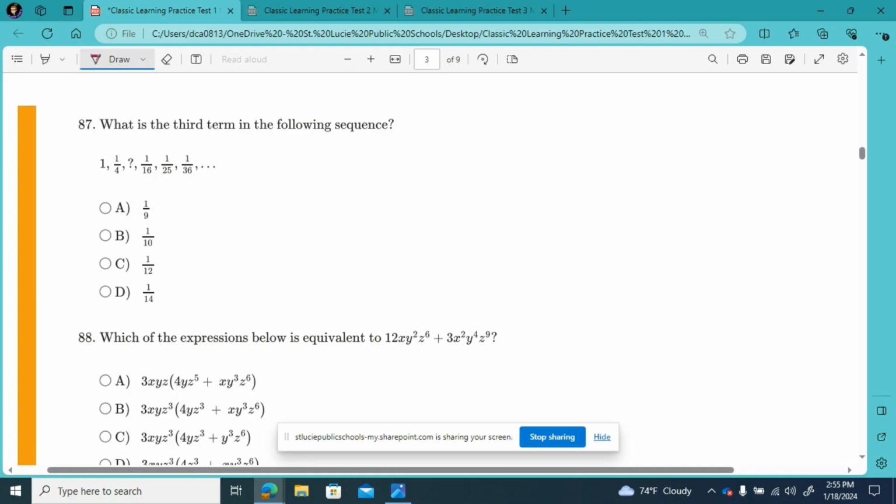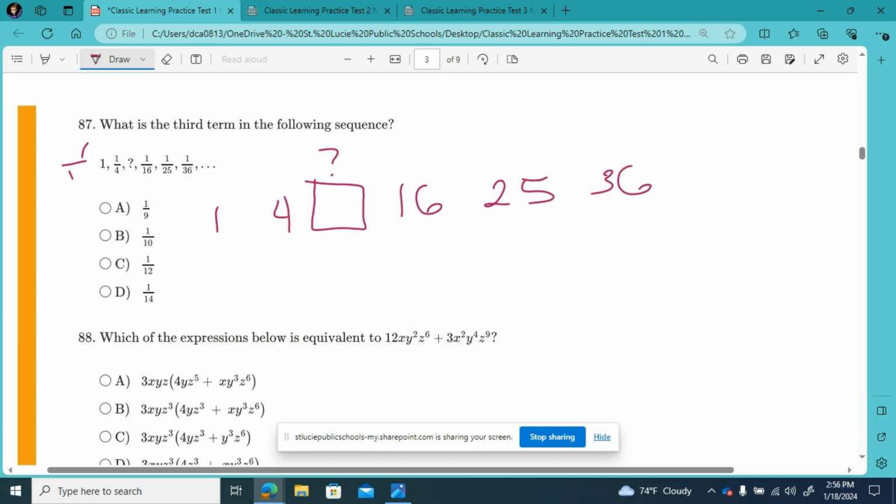When we look at the denominators, we've got 1 would be 1 over 1, right? We've got 1, 4, we don't know, 16, 25, and then 36.